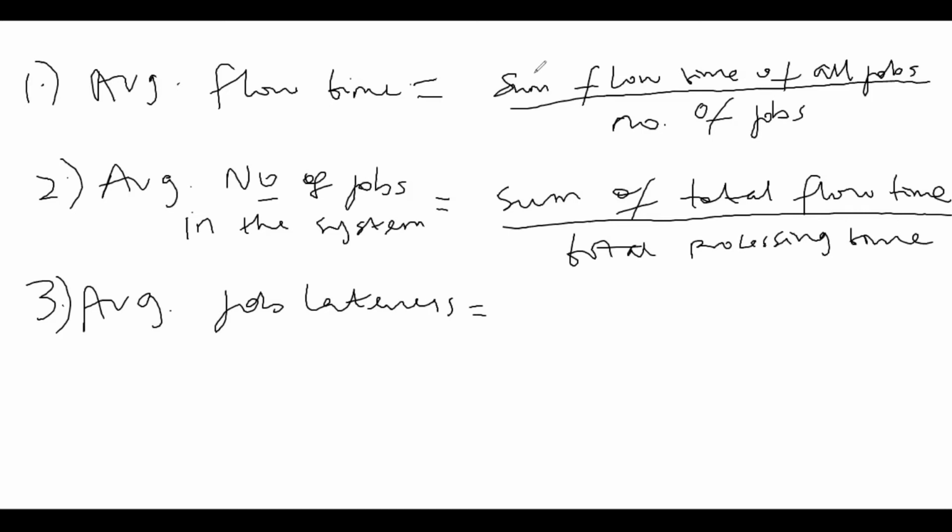Like on average, how late does slot submit each iPad? So if you need something in 4 days and they give it to you in 5 days, it is late. So to know this, what we need to do is total late days divided by number of jobs.